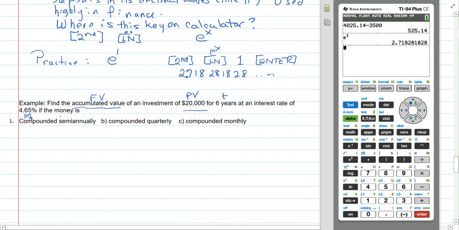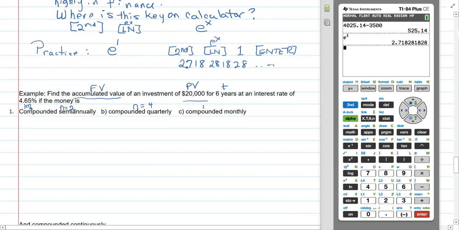Compounded semi-annually, N is 2. Compounded quarterly, N is 4. Compounded monthly, N is 12. So we can do these on an apps key. Right, so we're going to do these.